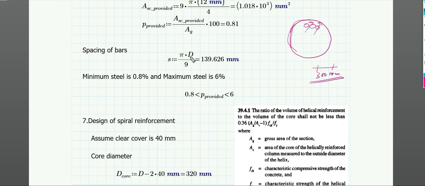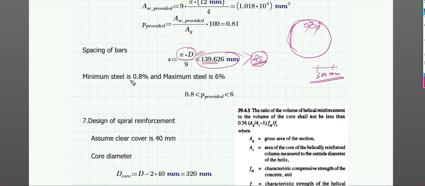So spacing is important. Let's find out the spacing, which is pi d by 9, that is, 9 spaces will be there. Total perimeter is pi d, so it is around 139 mm. So it is okay, which is more than the maximum aggregate size plus 5, that is 25, and also it is less than 300, so it is found okay.